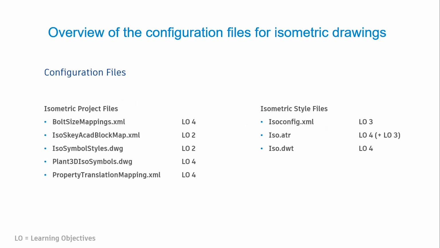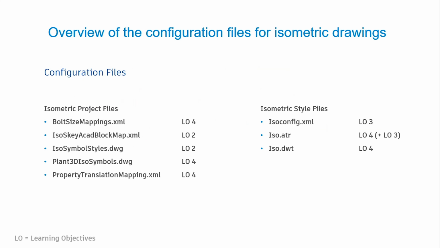The ISO config XML file, the ISO ATR file, and the ISO DWT file are isometric style files. So they belong to a specific ISO style.